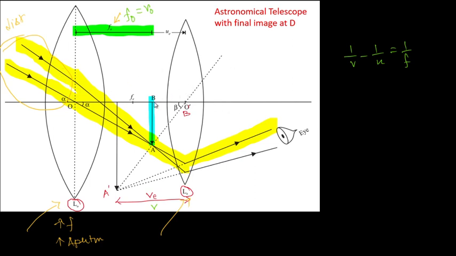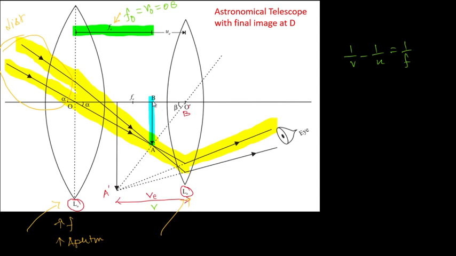And this distance, you can call it OB also. FO is equal to VO, which is also equal to OB, right?